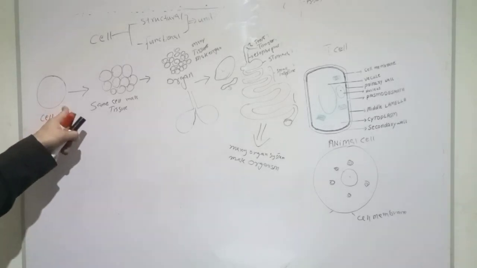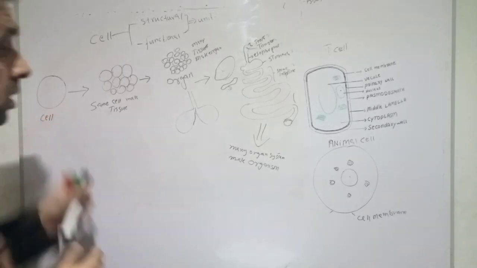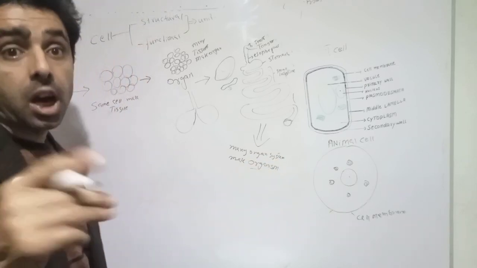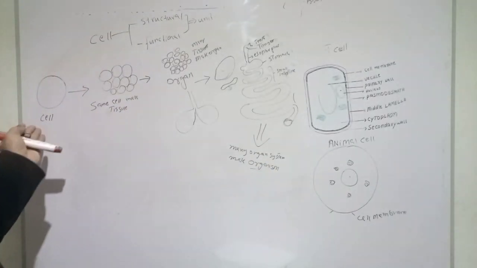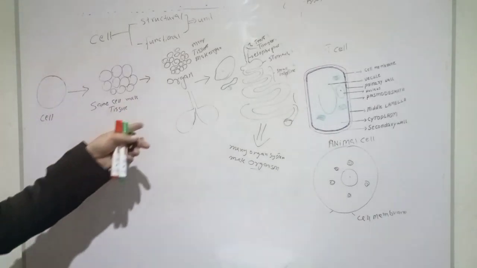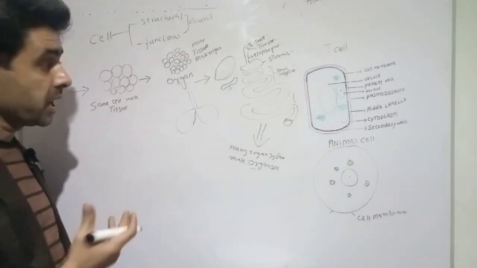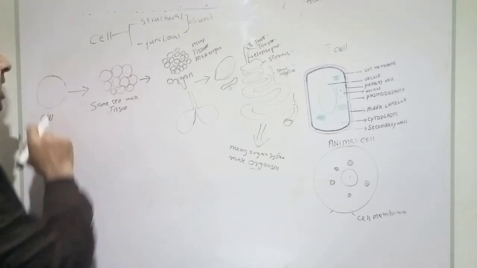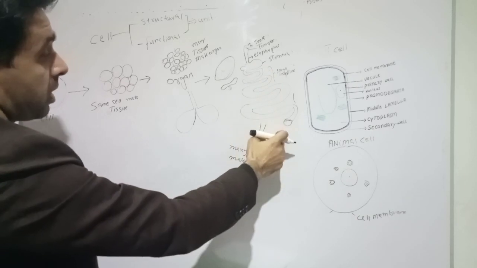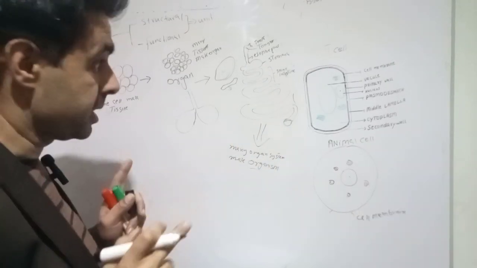This is the structural unit, and this structural unit is making the organism. How? The detailed procedure is in front of you. You can imagine how it is going on. Cell is making tissues, tissues making organ, organ making organ system, and organ system making organism.